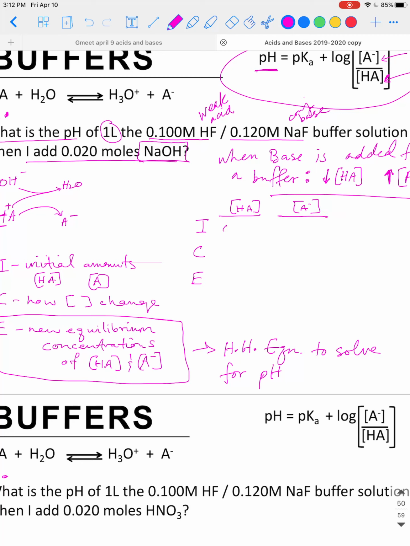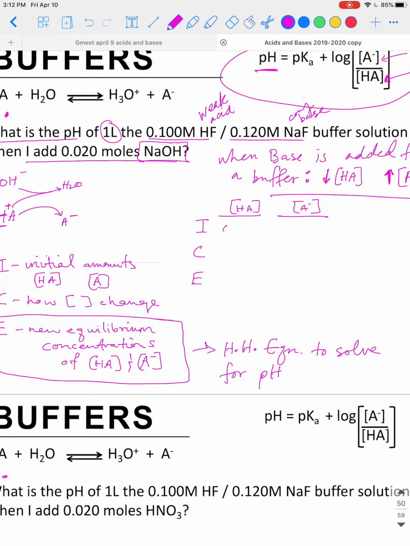And we can go ahead and call the conjugate base, I'm just going to relabel it what it is for this problem, it is F minus. Or if you write sodium fluoride, that's fine too. But our initial concentration is 0.12, and this is units of molarity.